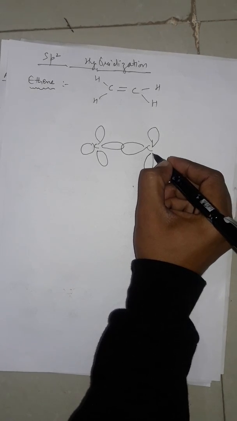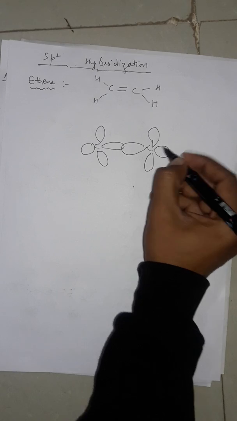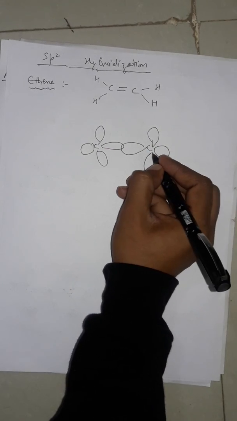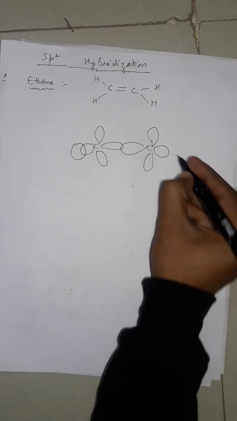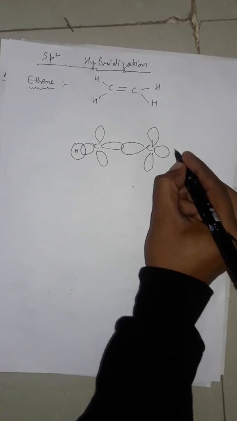Sorry if my drawing is not that good. This is carbon atom 1, this is carbon atom 2, and hydrogen will make bond here. This is hydrogen, this is hydrogen.